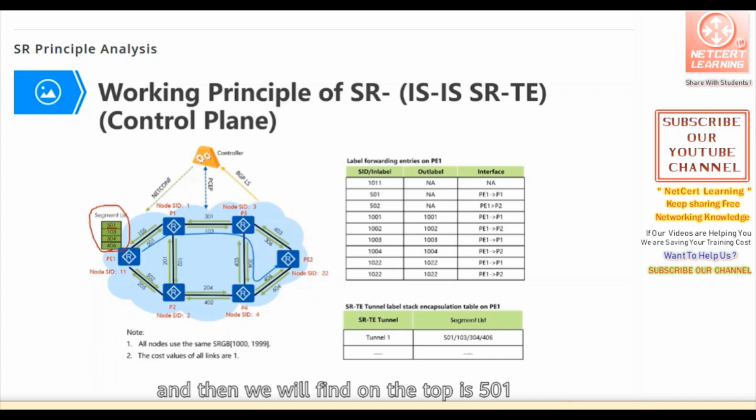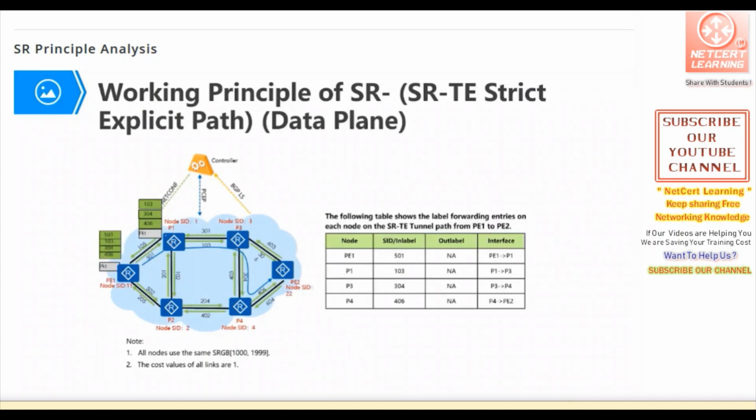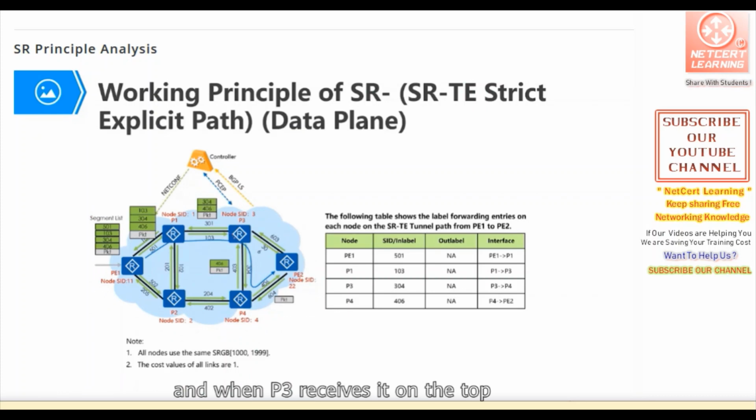For 501, we give it to 501's adjacency, and give it to P1. When P1 receives it, 103 will be on the top. So we give it to 103's adjacency, and give it to P3. And when P3 receives it, on the top it will be 304. So 304, we give it to P4.